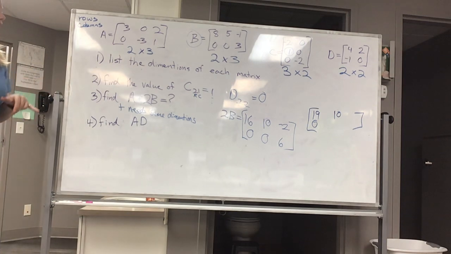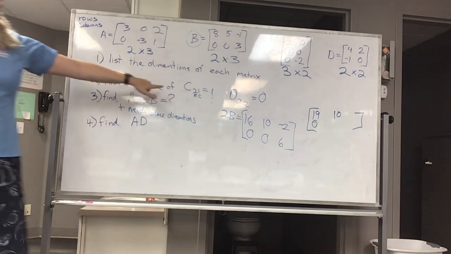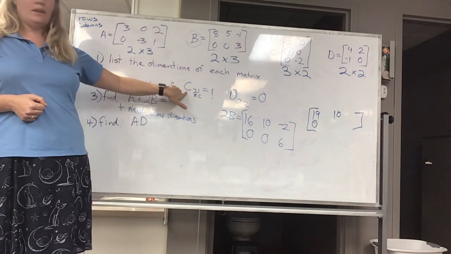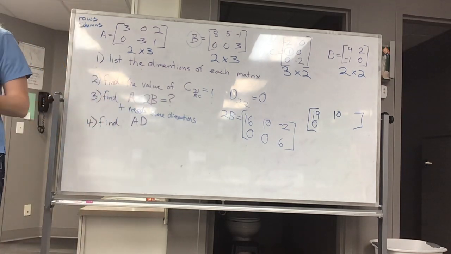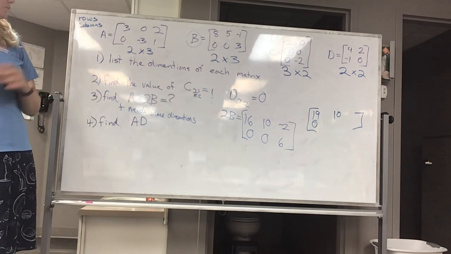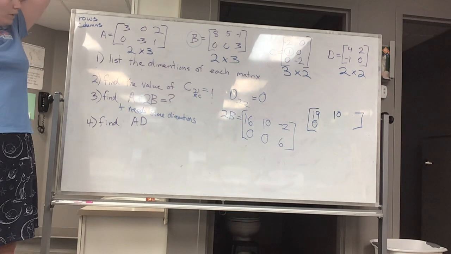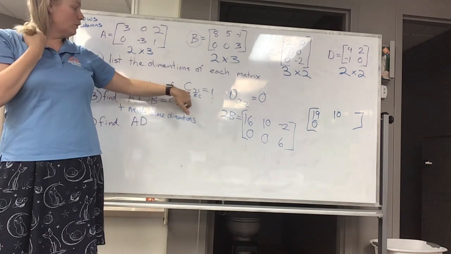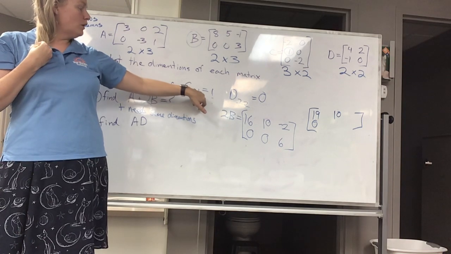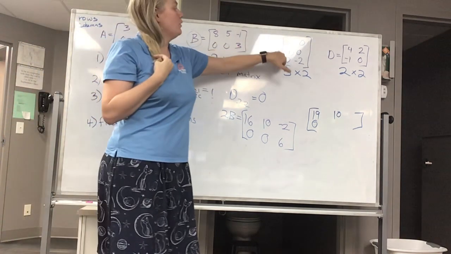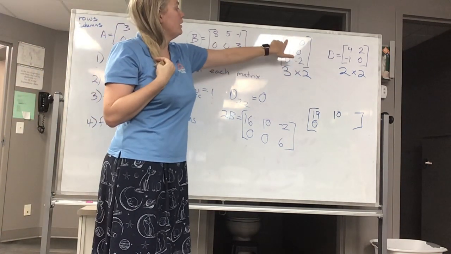We were talking about the dimensions. Finding a specific value is going to give you the matrix and then have the row number and column number, again, rows then columns. And so item C, or element C, is in row 2, column 1. We had row 2, column 1, and that looks like a negative.